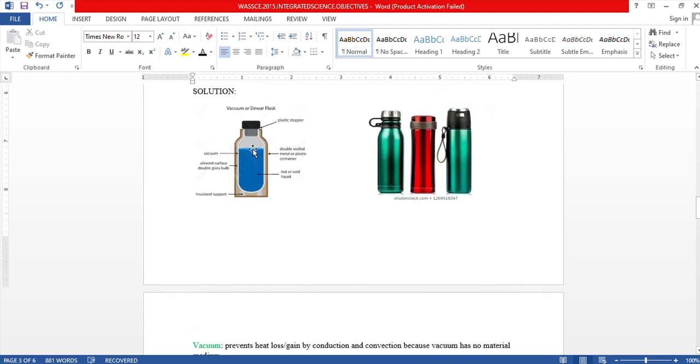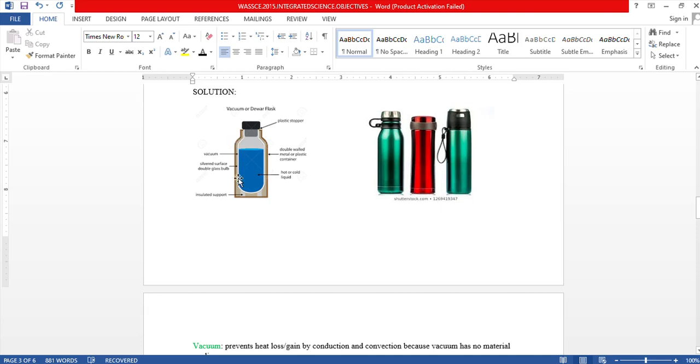So what it means is that if the heat is emanating from here, trying to find its way to other parts of the flask, the silver surface will reflect it back, because we know that smooth surfaces are able to reflect waves, heat or radiation back, especially to create a regular reflection. So that's why the inside is silver, to reflect heat back into the liquid, so that the liquid remains hot.